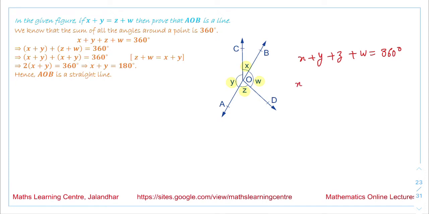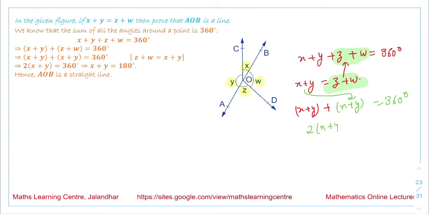Now it is given to us that x plus y is equal to z plus w. So we put these values over here. We write x plus y in place of z plus w. So we get x plus y plus x plus y is equal to 360 degrees. So we get 2 times x plus y is 360 degrees.